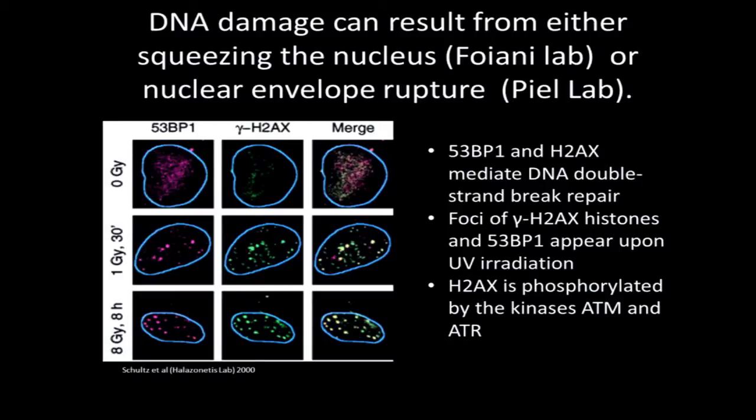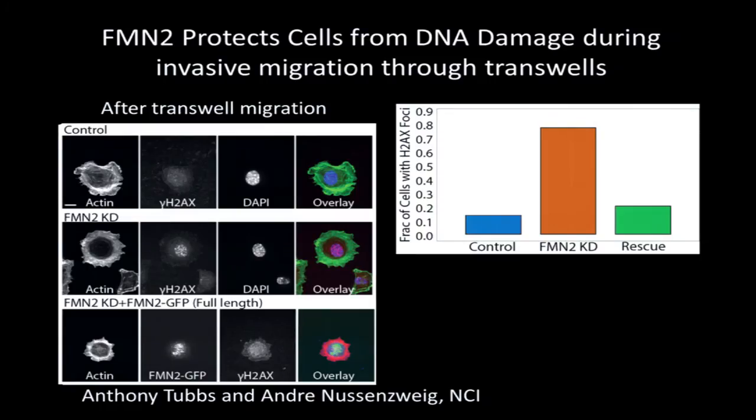Okay, so we can assay it, and what we did is we stick cells through transwells. We look for the ones that actually make it through and are green, and we know that FMN2 is knocked down. So we take the cells, put them through transwells, collect them, replate them, stain them for gamma H2AX and 53BP1, and look for the ones that are transfected.